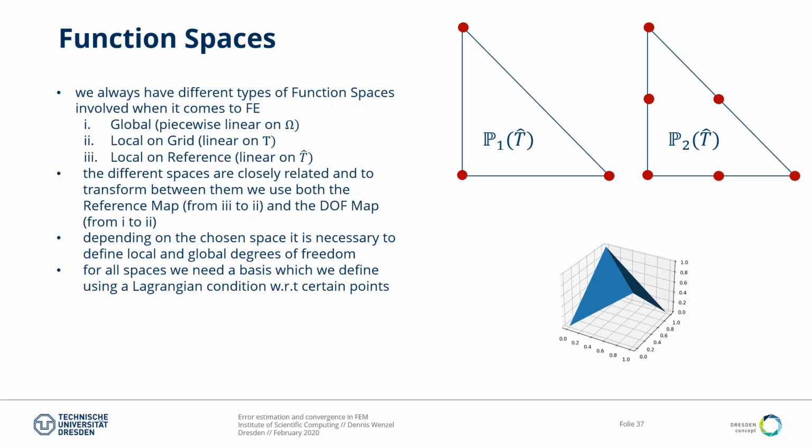And we have always defined basis functions for the spaces, so basis for the global piecewise space and also basis for the local polynomial spaces, always using some Lagrangian condition, so wanting that a certain basis function is value 1 on a single degree of freedom and value 0 on all other degrees of freedom. That concept was preserved throughout the whole definition of those function spaces.